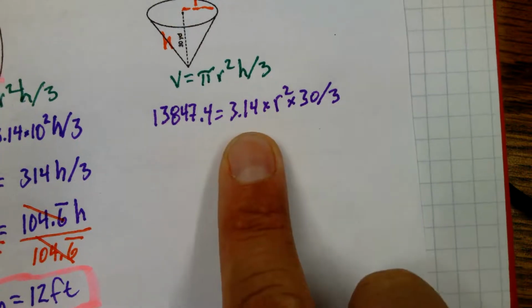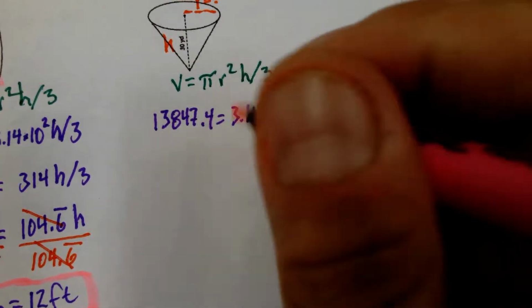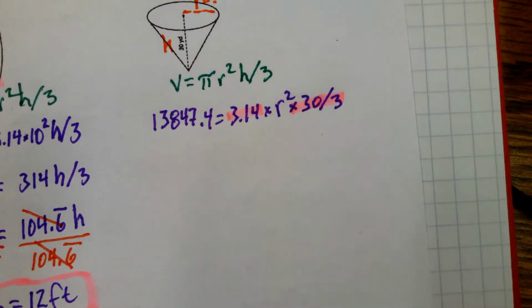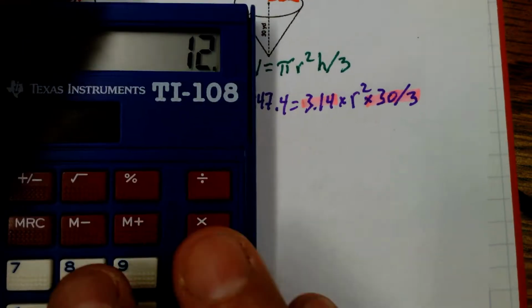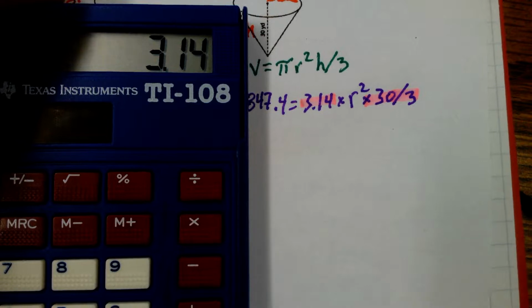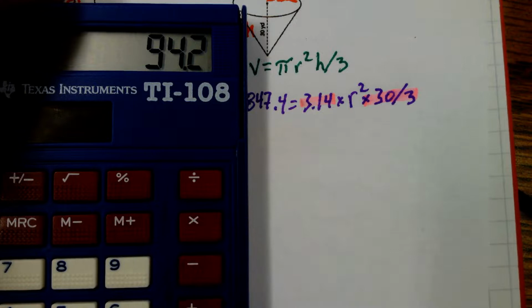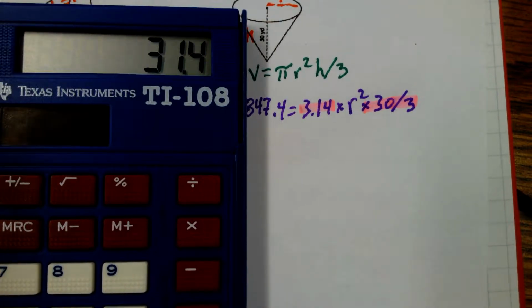What I'm going to do is I'm going to do all of the number portion. I'm going to take 3.14, multiply it by 30, then divide that by 3. I'm going to do that all at once, so I get one number for all of that. Okay? Let's try that. So take your calculator and 3.14, multiply that by 30, divide that by 3, and you get 31.4.